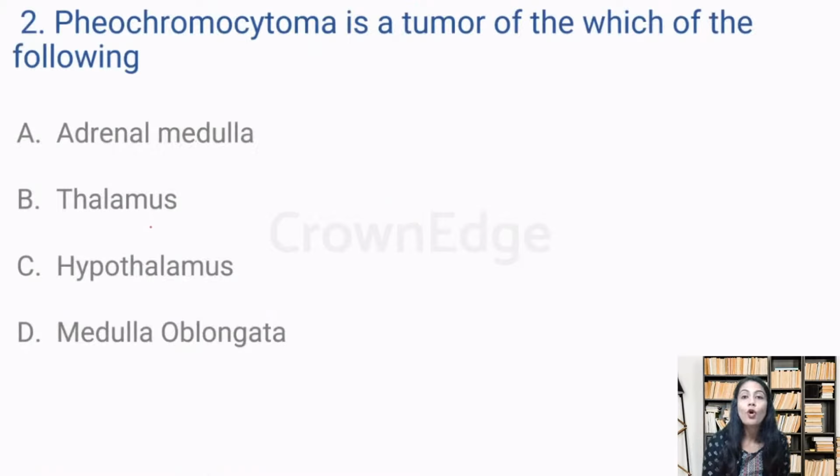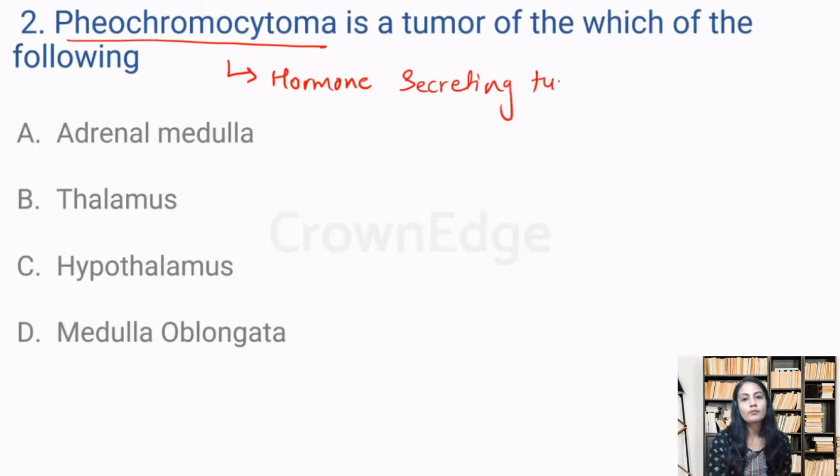Pheochromocytoma is a tumor of which of the following? So remember, pheochromocytoma is a hormone secreting tumor. You'll say, ma'am, hormone can be secreted by any of these. But remember, it is the tumor which is secreting catecholamines mainly.